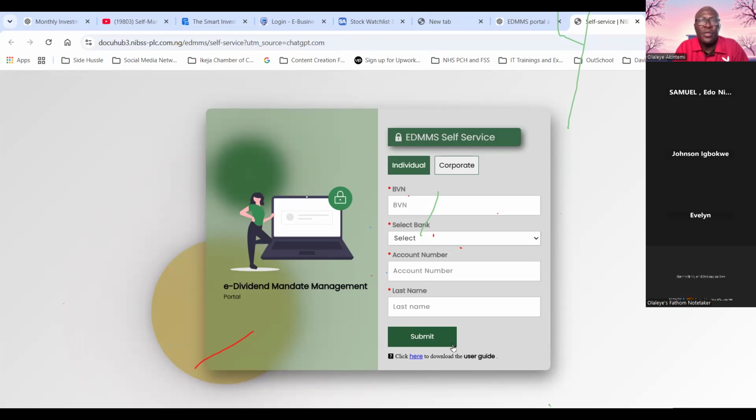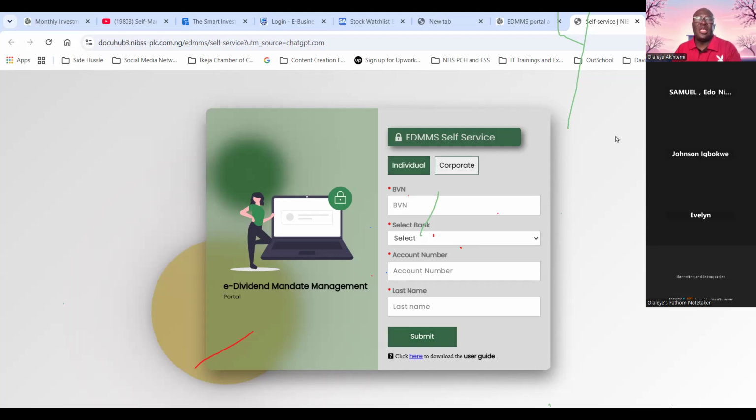Inside the form, you now put additional information about you. And then you select the name of the registrar that you want. This platform goes to all registrars. You then select the name of the registrar that you want and you click submit, and that's it. And then once the registrar receives it, they will update their record. Anytime that company pays dividend, they just pay it directly into your bank account.